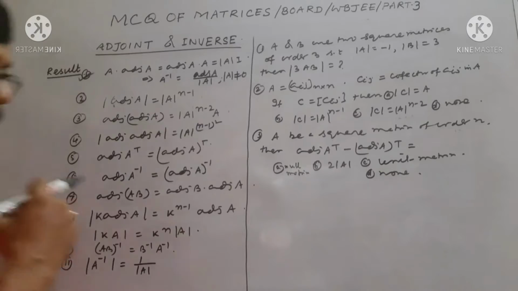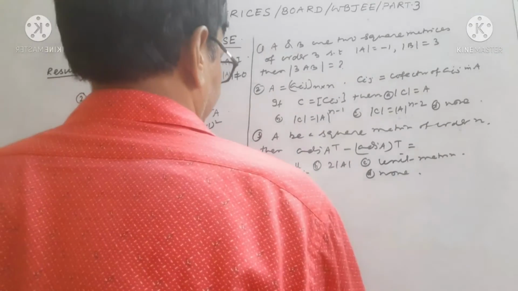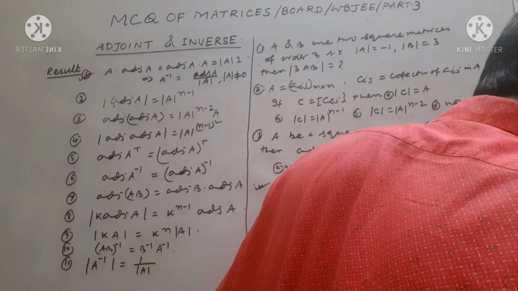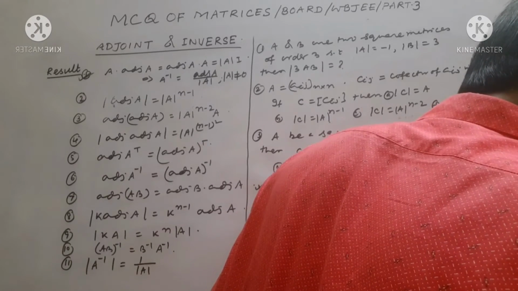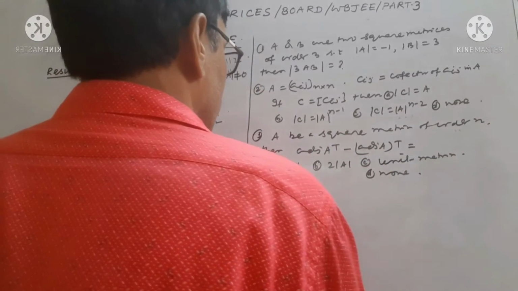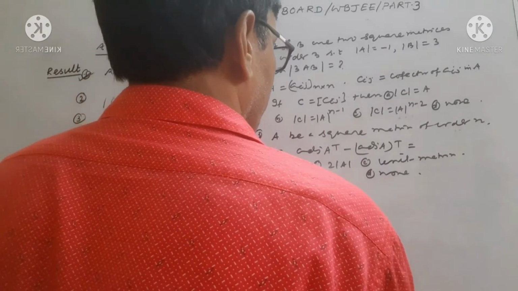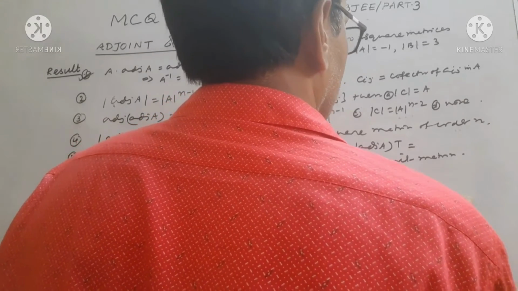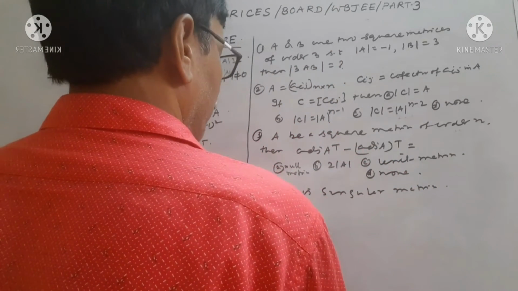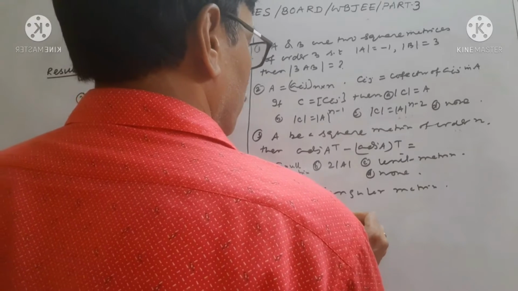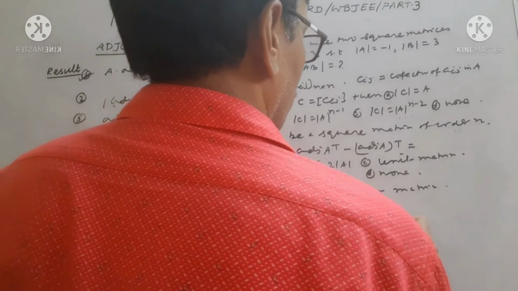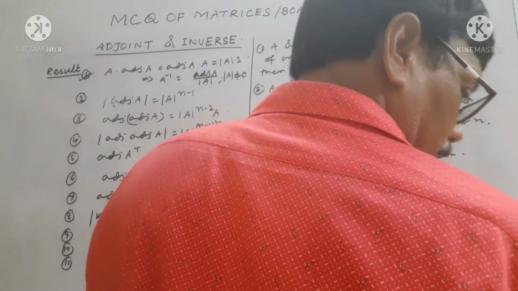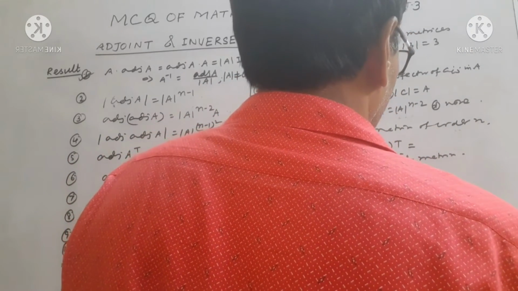Now, there is a problem. A is a singular matrix. Then A into adjoint of A equals what? Option A: null matrix.